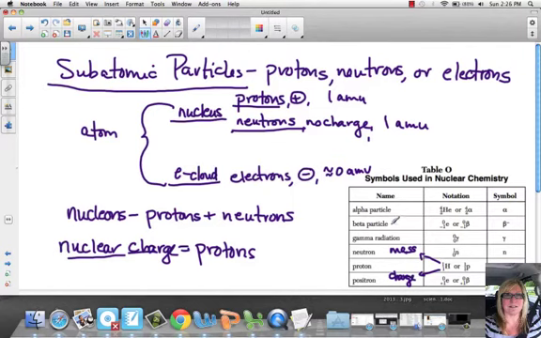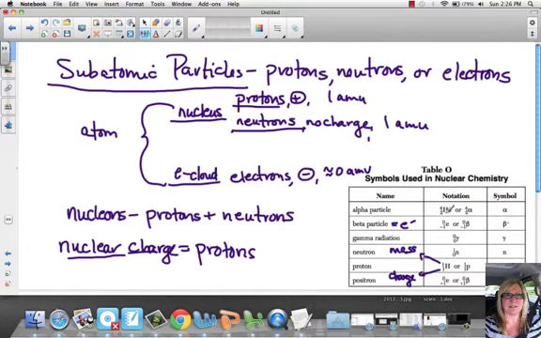An electron is also known as a beta particle. It has a mass of 0 and a charge of -1. If I ask you for the mass of a neutron, it is right here. It's a mass of 1 and a charge of 0, which makes sense because we know that neutrons are neutral.